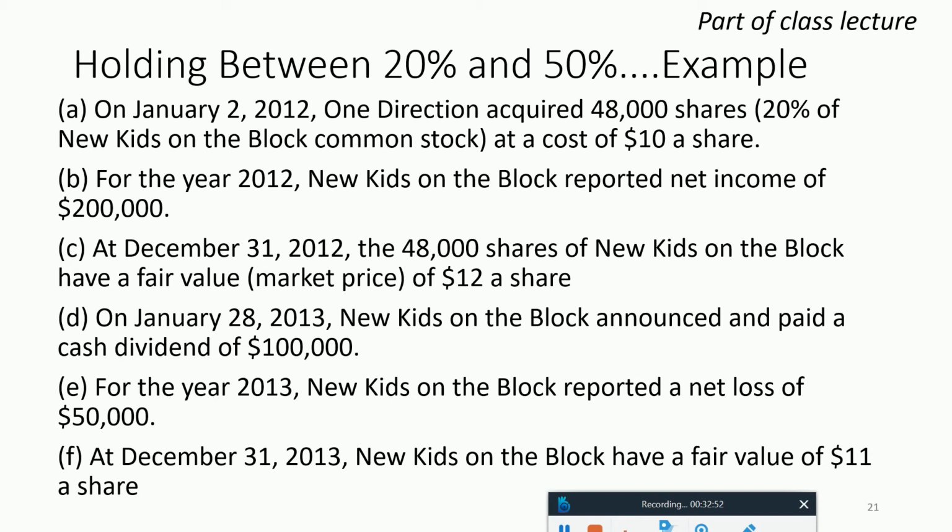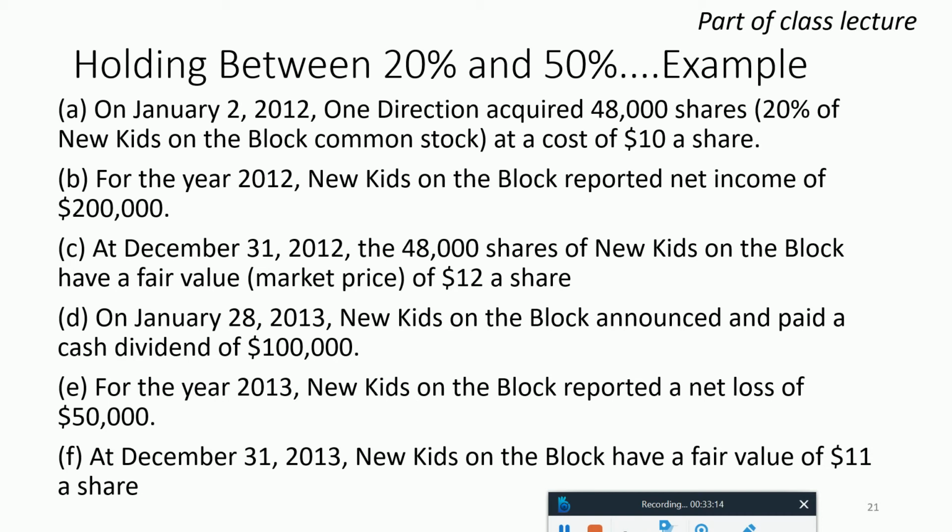The first journal entry for Part A is going to be to debit the equity investment at cost, which is the 48,000 shares times $10 a share, or $480,000, and to credit cash for $480,000.